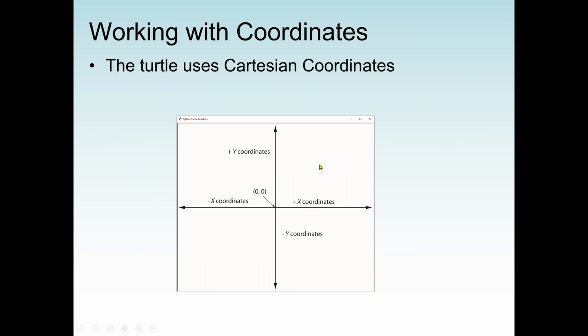In the first quadrant, Y and X are positive. In the second quadrant, X is negative, Y is positive. In the third quadrant, X is negative, Y is negative. So Turtle also uses the Cartesian coordinates. This is the same as in the college algebra concept. We use the first, second, third, and fourth quadrant. The position of the quadrant depends on the sign of the coordinates X and Y.